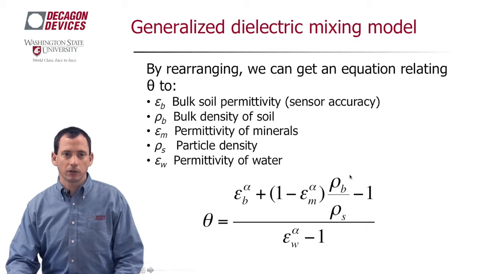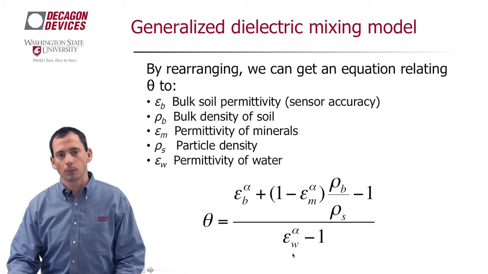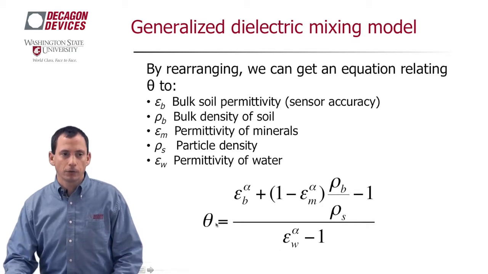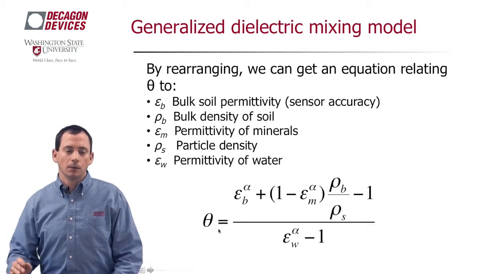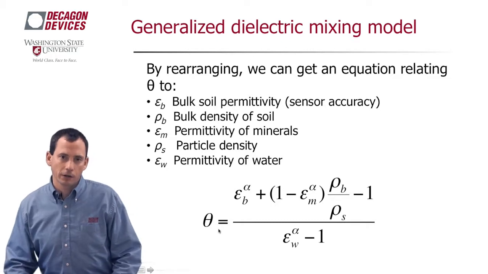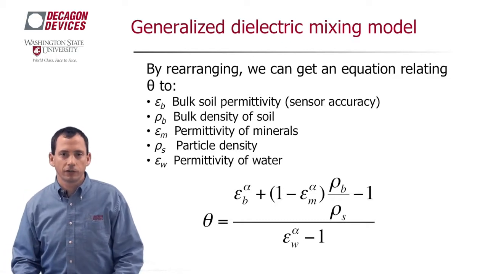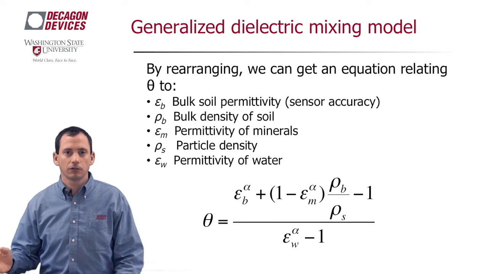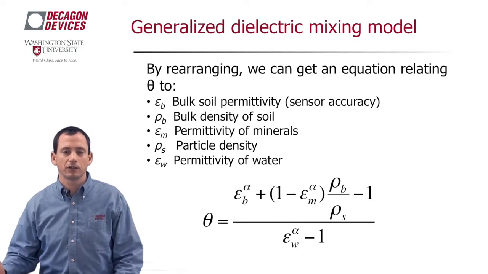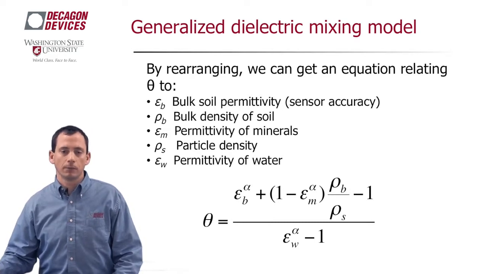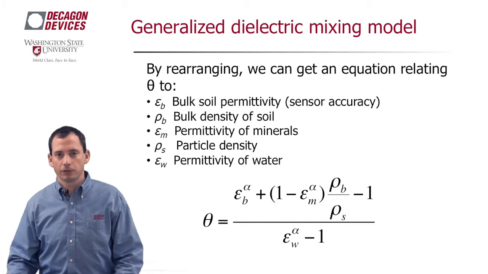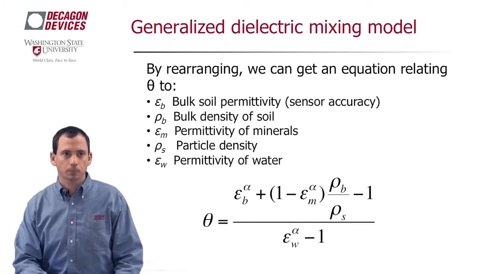This is actually the volume fraction of minerals, and we're going to look at the effect of soil bulk density on measured water content, and we're also going to look at the effect of the dielectric permittivity of water on the measured volumetric water content. So that's how we're going to approach our sensitivity analysis, and we're going to look at each of those components and see how sensitive our measured volumetric water content is to each of those individual components.